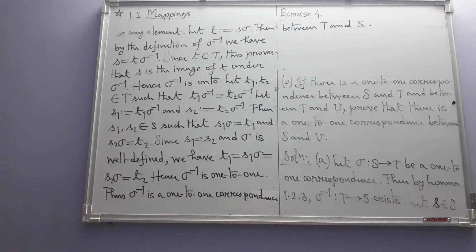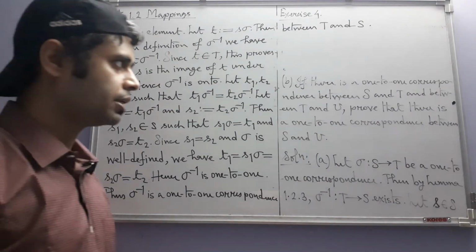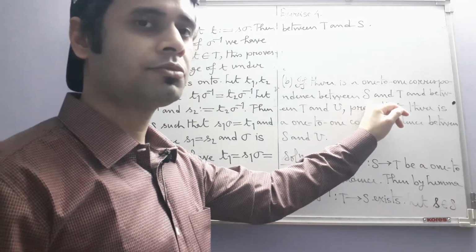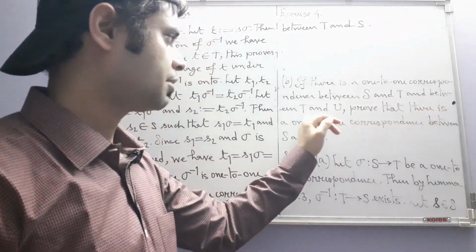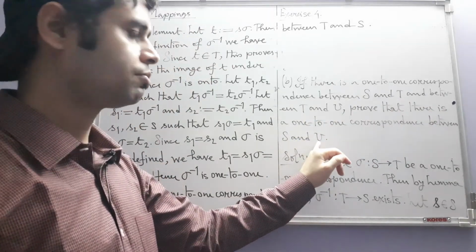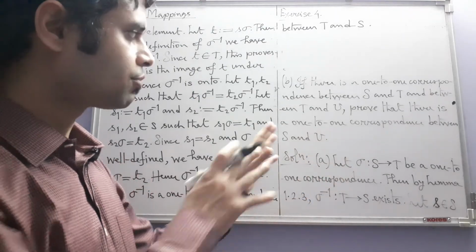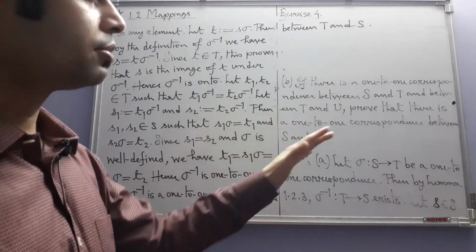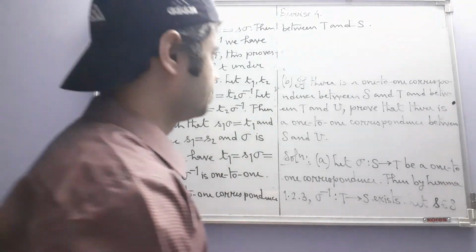Okay, now next we have to prove part B. Now in part B, it is given that there is a one-to-one onto function from S to T and one such function from T to U. Then we have to prove that there is one such function from S to U. For this we don't have to do actually anything much. From lemma 1.2 it will follow directly.